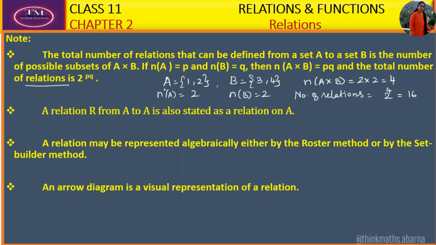Okay. For the set A is equal to {1, 2} and for the set B is equal to {3, 4}, we can find 16 relations between these two sets. Understood?